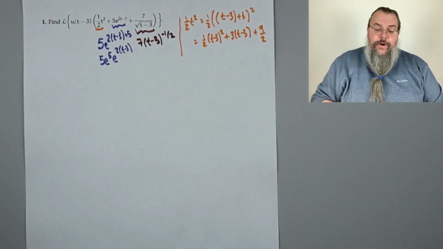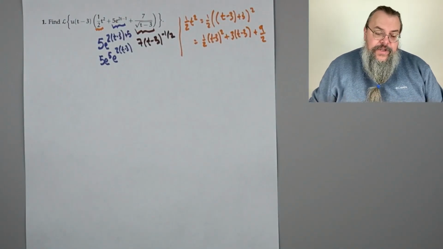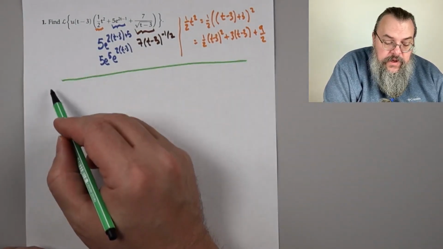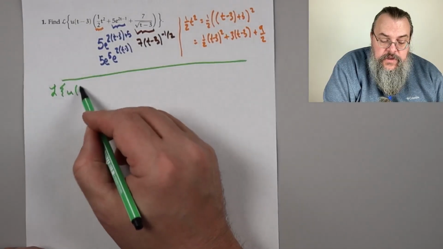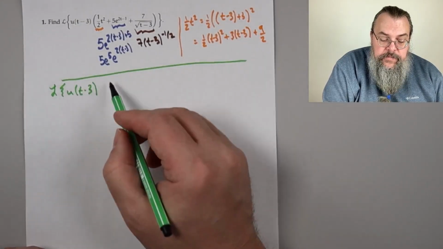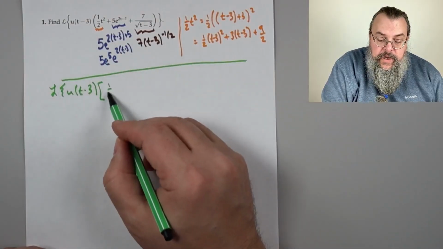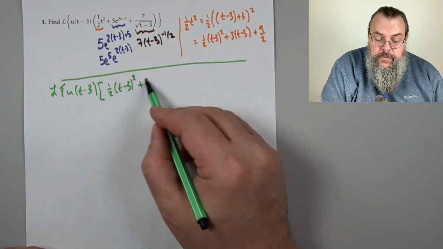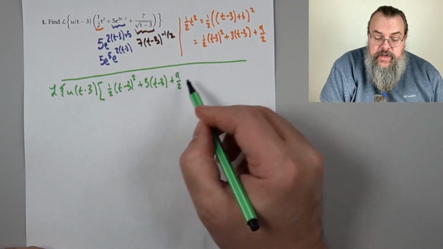All right, now what does this do? Let's put this all together. All together. Now, what do we have? Well, we can say, really we're trying to find the Laplace transform of u of t minus 3 times, so the first part becomes a 1/2 t minus 3 squared plus 3 times t minus 3 plus 9 halves.